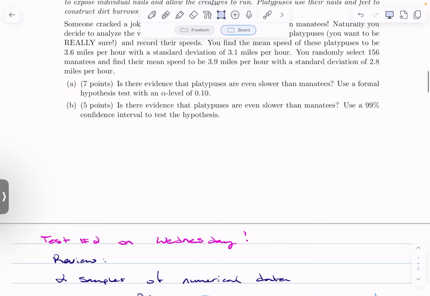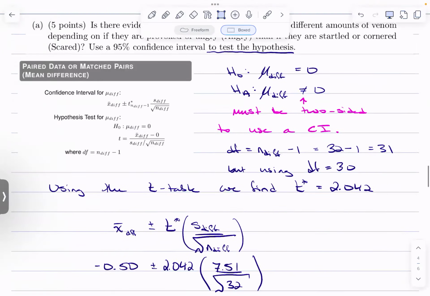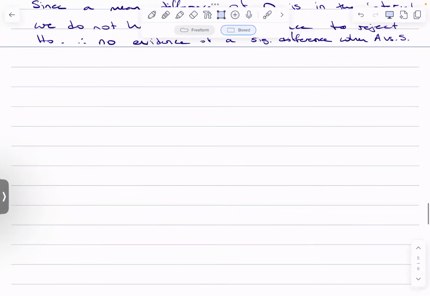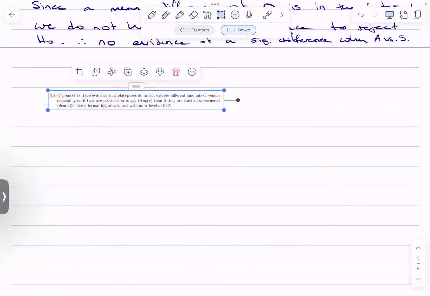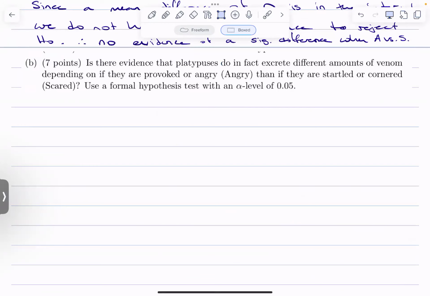Part B. We already know the answer to part B, but we're going to do it formally. What you'll notice on that practice for the test, it's practice for the test because there's a lot of practice, right?